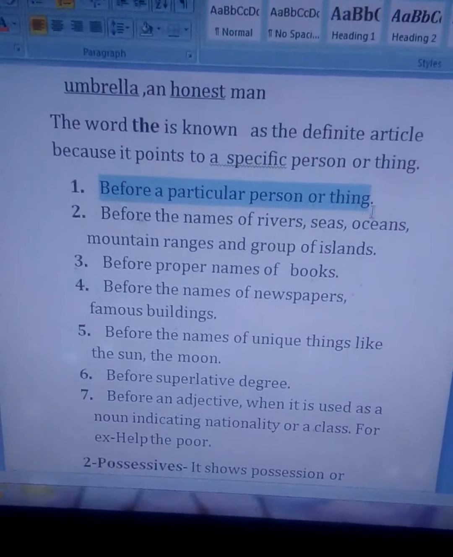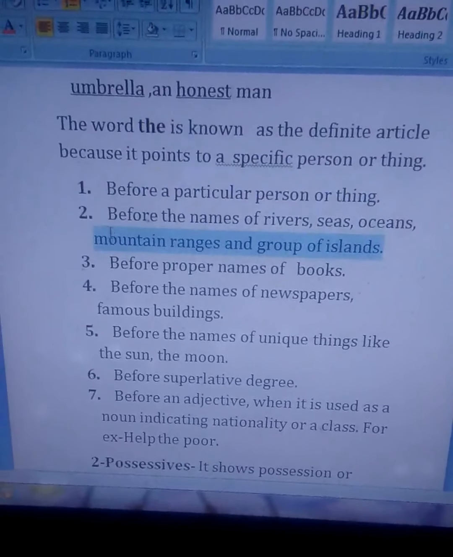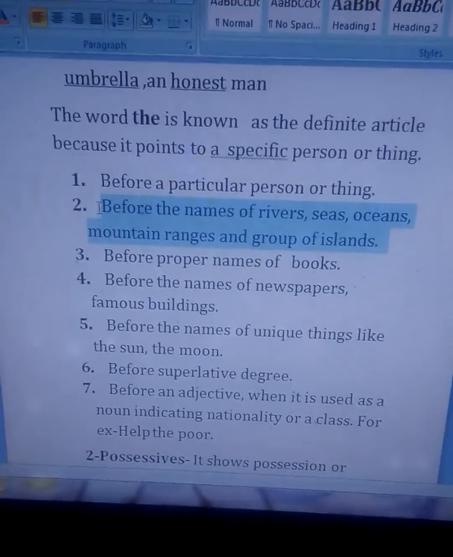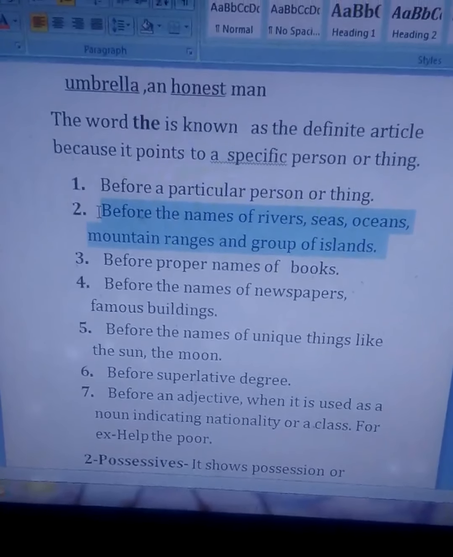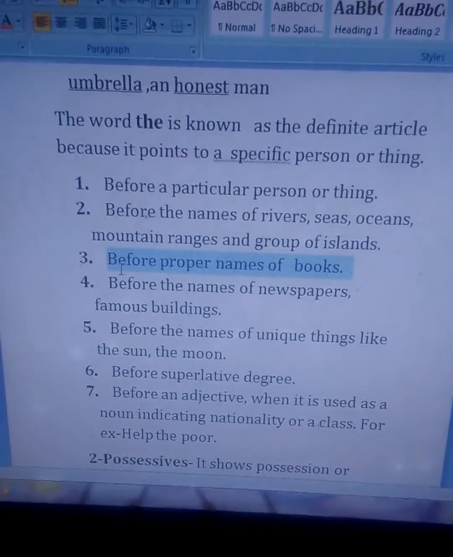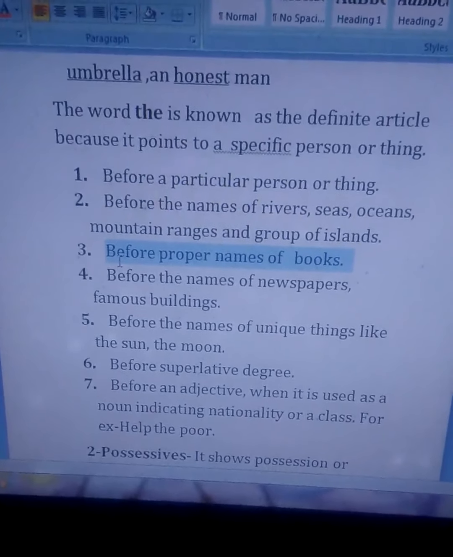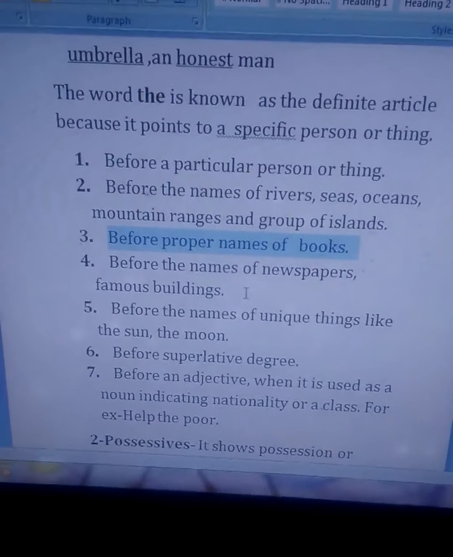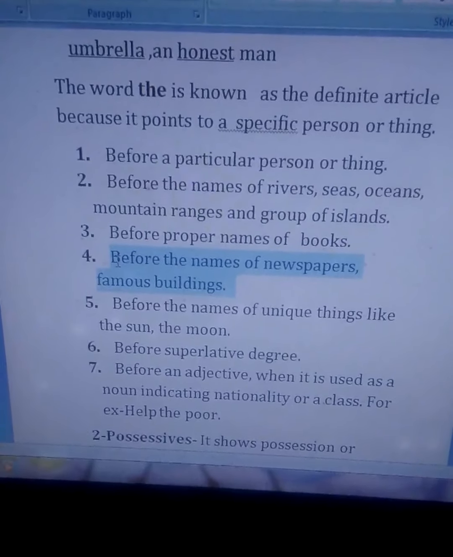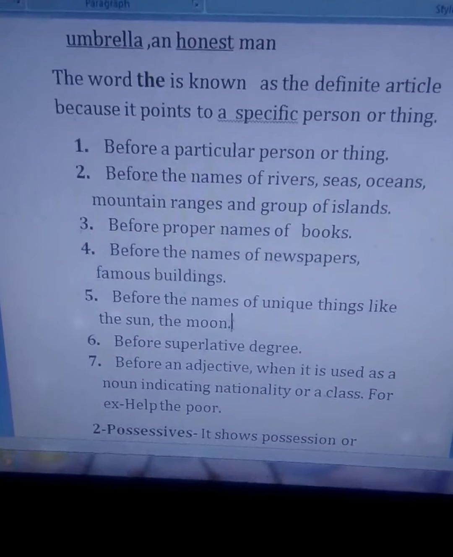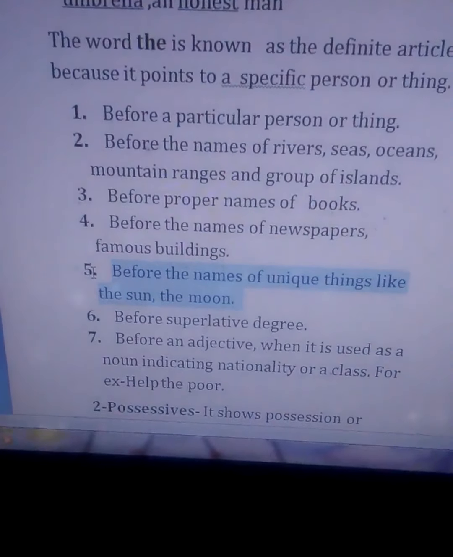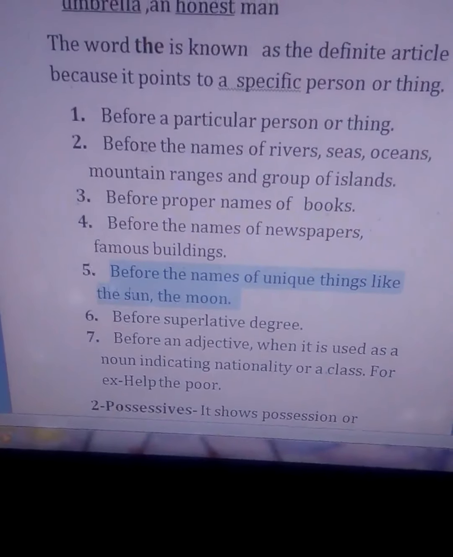It is used before the names of rivers, seas, oceans, mountain ranges and groups of islands. It is used before proper names of books, and before the names of newspapers and famous buildings. It is also used before names of unique things like the sun and the moon.